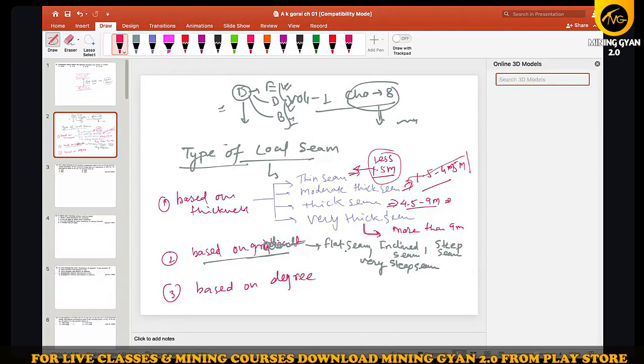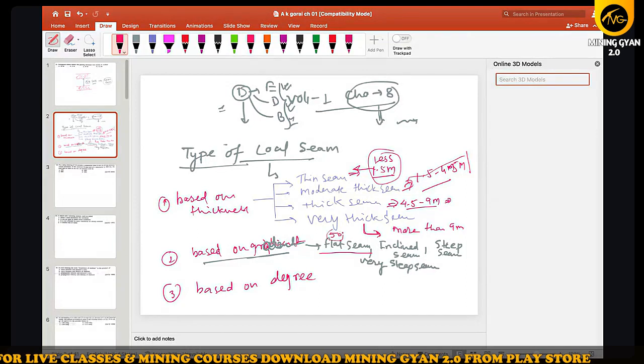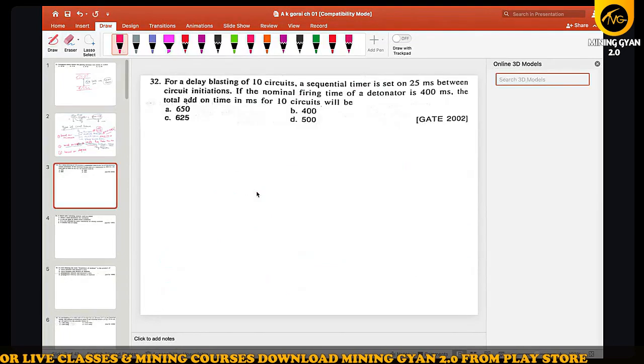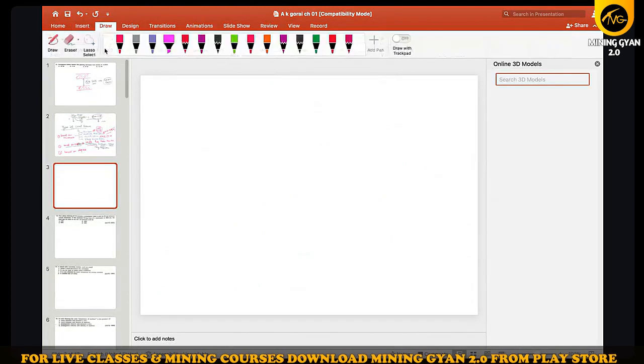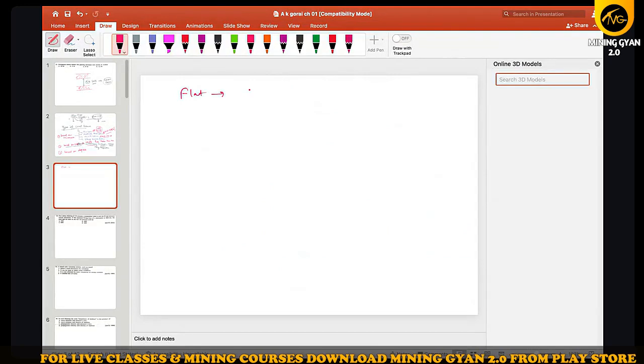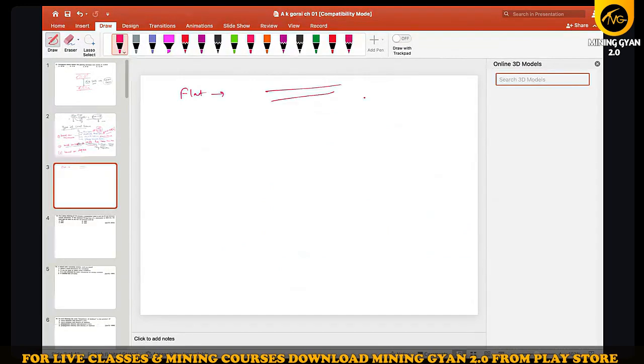So flat seam means the gradient should be less than 5 degree. So flat when? Gradient of the seam is less than 5 degree.